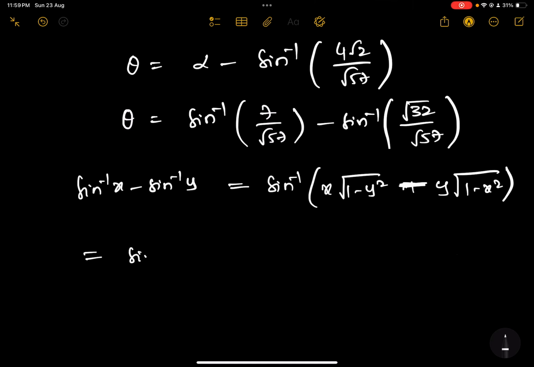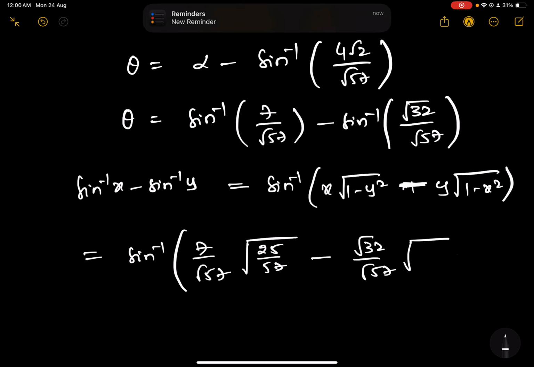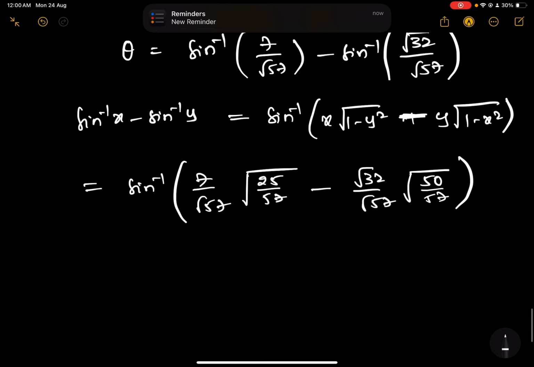So x is 7 upon root 57, and the square root of 1 minus y square will be 1 minus 32 upon 57, so that will be 25 upon 57, minus y, root 32 upon root 57, square root of 1 minus x square. That will be simply 50 upon 57. This is what you have.